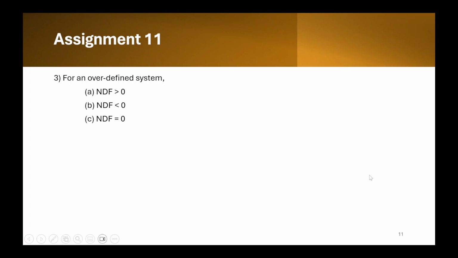So for an overdefined system, as I have told you, the number of equations will be greater than the number of unknowns. So in that sense, NDF will be less than 0. So B part is correct here.